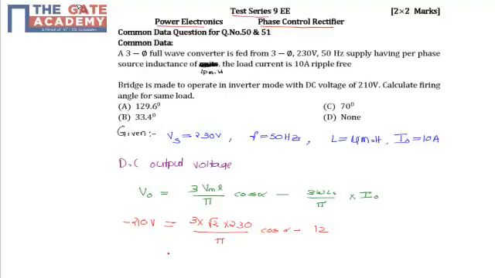In order to find the value of alpha, cos alpha is equal to minus 198 into pi divided by root 2 into 3 into 230 volts. After calculating this value, we get cos alpha as minus 0.6346.